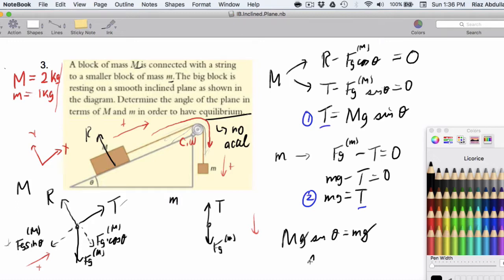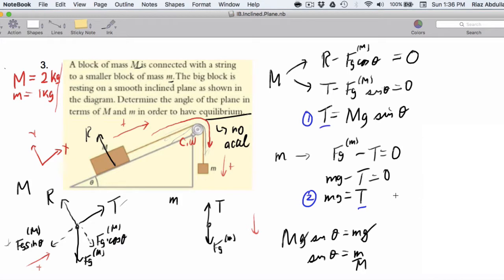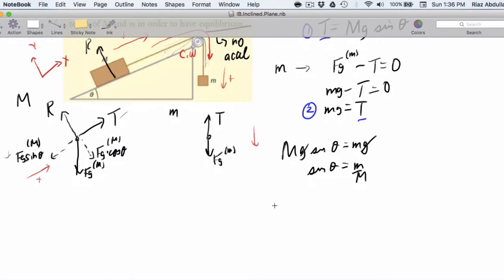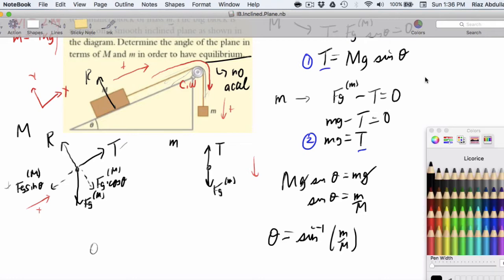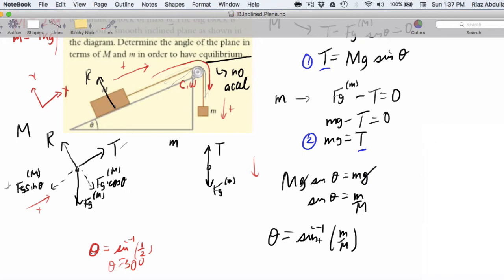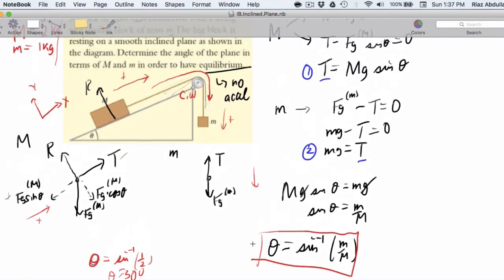The g's cancel, and I get that sine theta is little m over big M. So in terms of the problem, theta is the inverse sine of little m over big M. If you actually wanted to use our masses, like I gave you numbers, you'd get that theta is the inverse sine of 1/2, and you would actually get 30 degrees using the numbers that I worked out. But this is actually the answer that the IB is looking for on this question. That is question number 3.